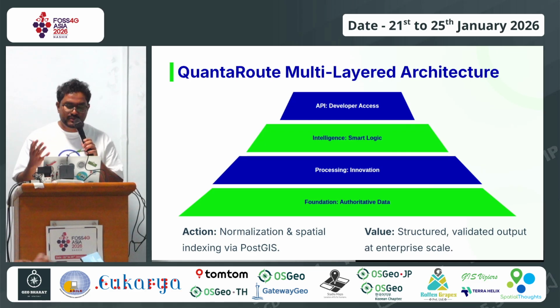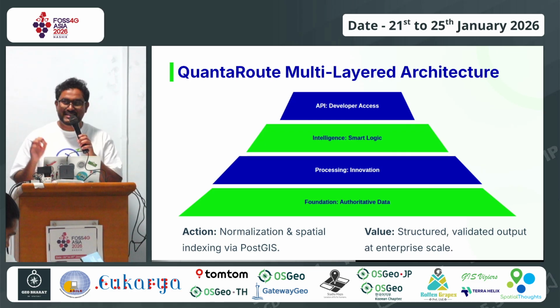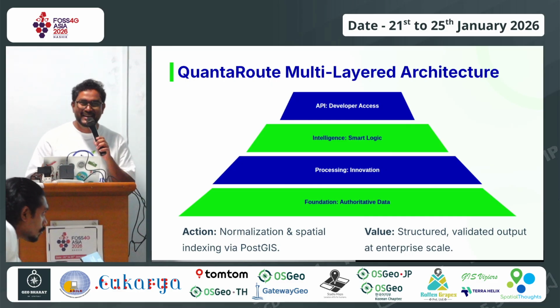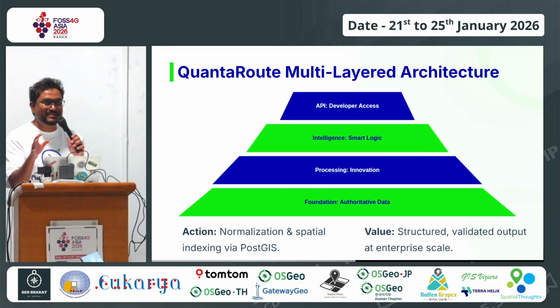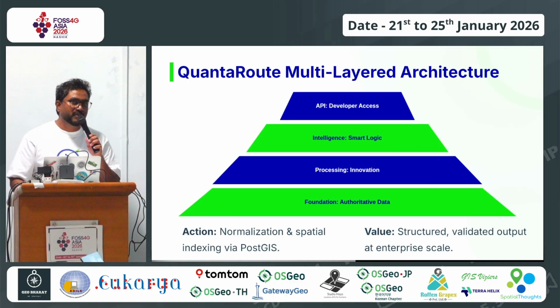I called it innovation, but it's mainly a tedious cleaning job that no AI can do, right? This morning I presented something about AI, but this really needs GIS folks to clean up those data to make it API-grade data. Then the smart logic comes with a three-layer stack: DigiPin, OSM address data, and the postal base. Based on that, the developer finally gets access to an API.